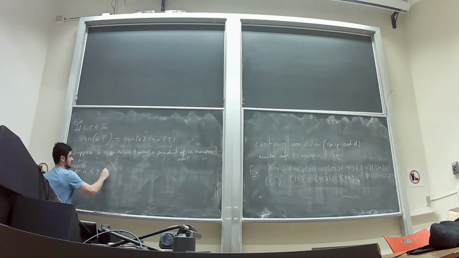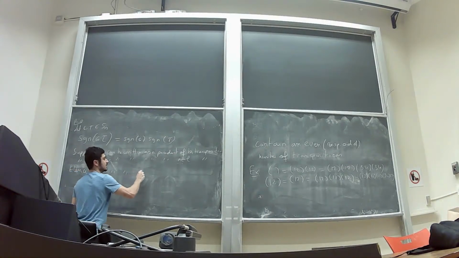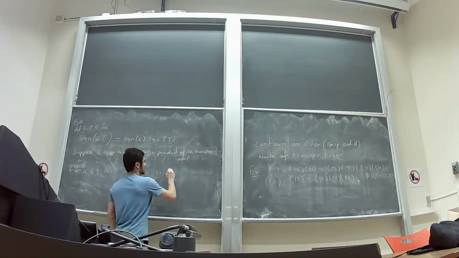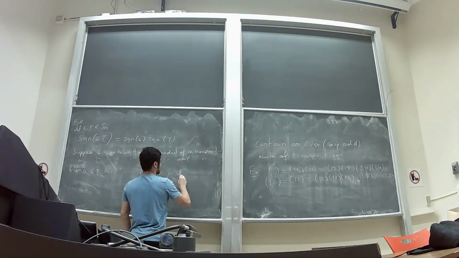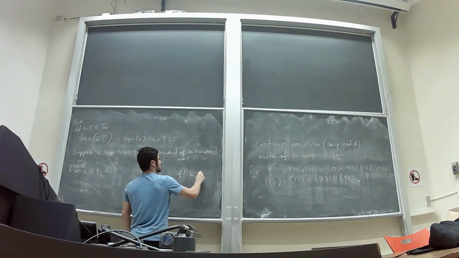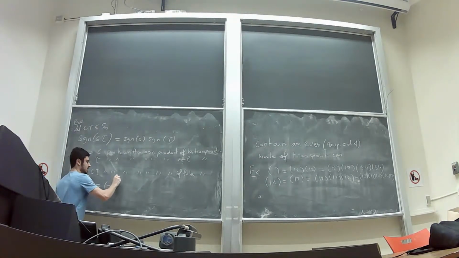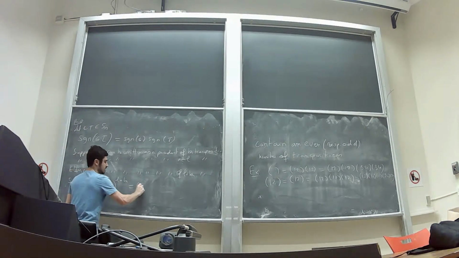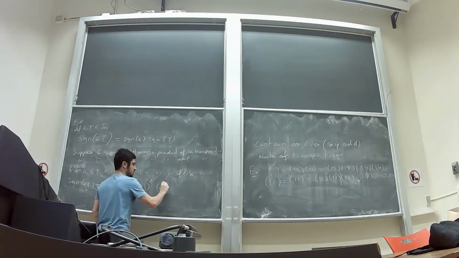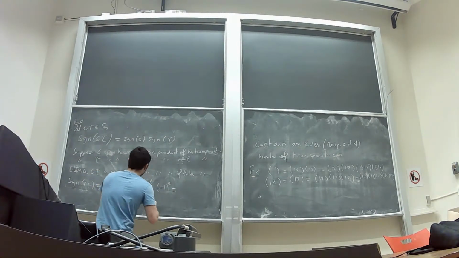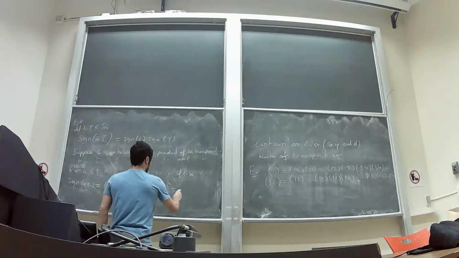So the sign of sigma tau is (-1) to the L plus K, which is (-1) to the L times (-1) to the K, which is the sign of tau times the sign of sigma.